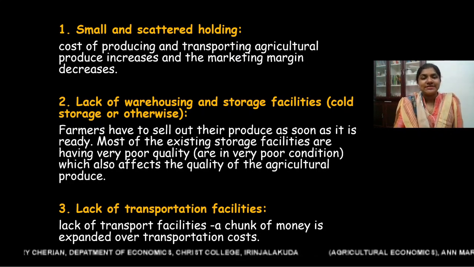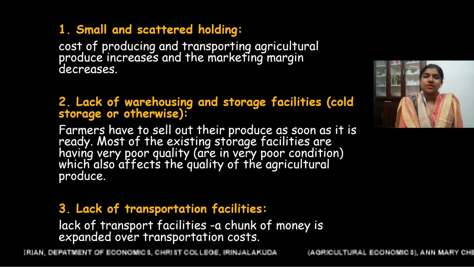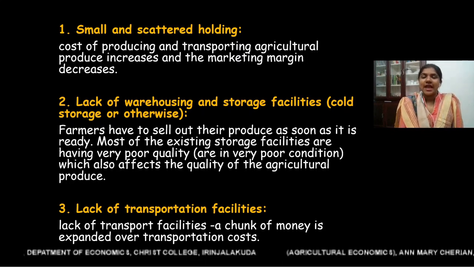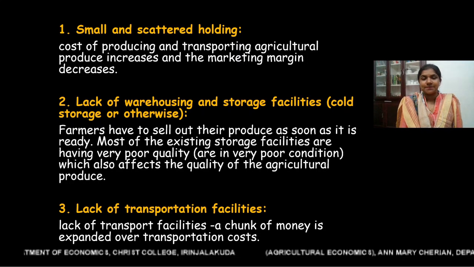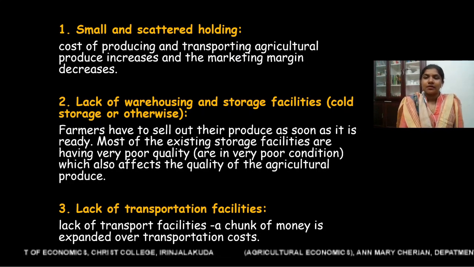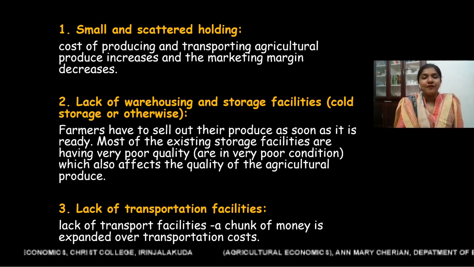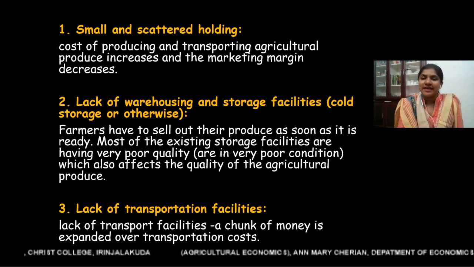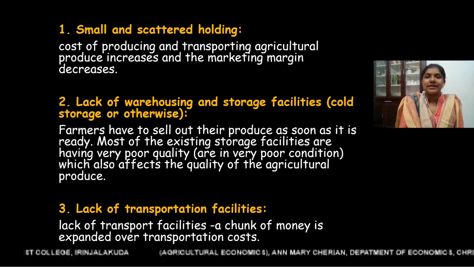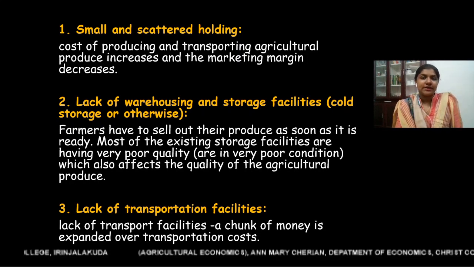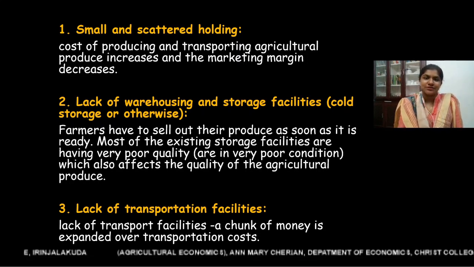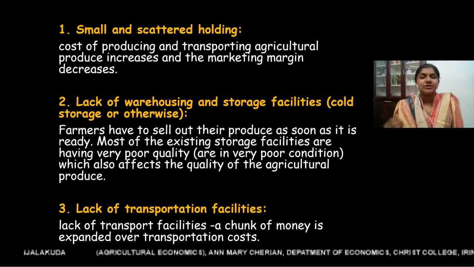Now moving on to the second challenge, lack of warehousing and storage facilities. Due to lack of warehousing and storage facilities, farmers have to sell their product immediately after harvest, as soon as it is ready.